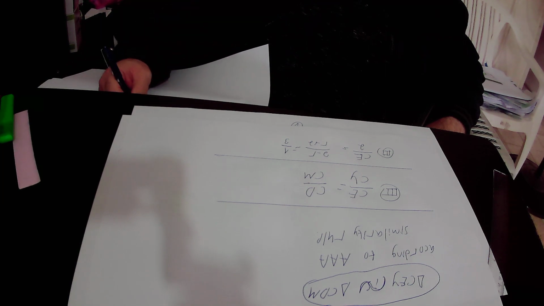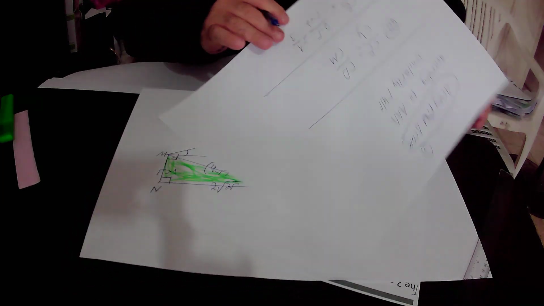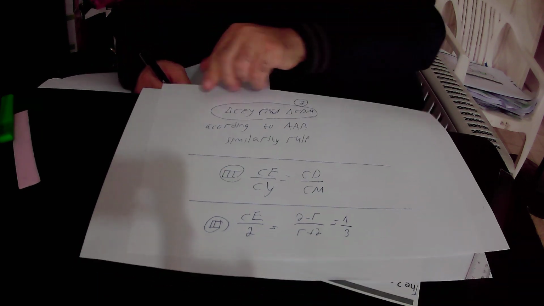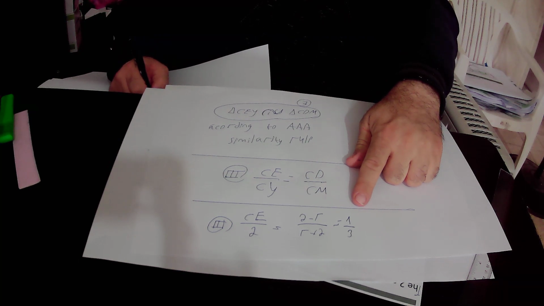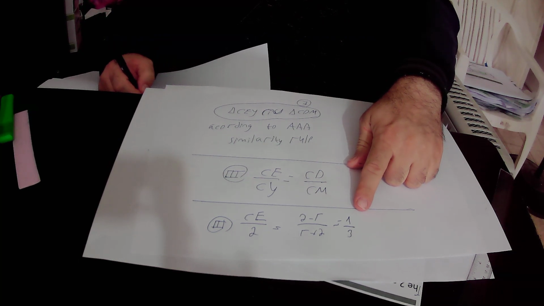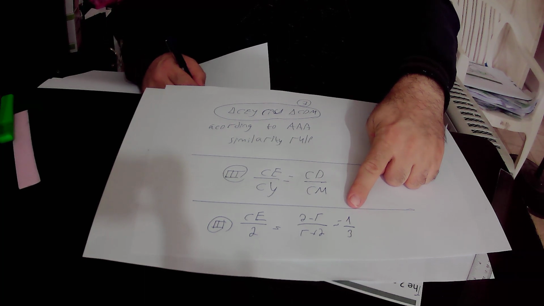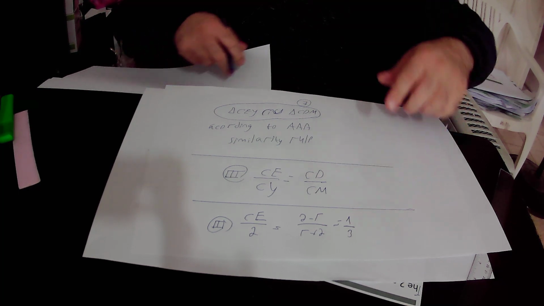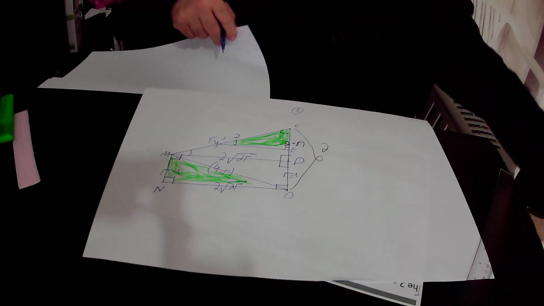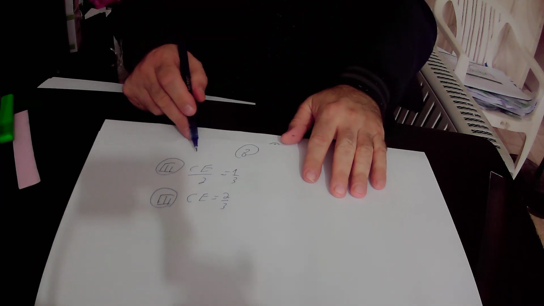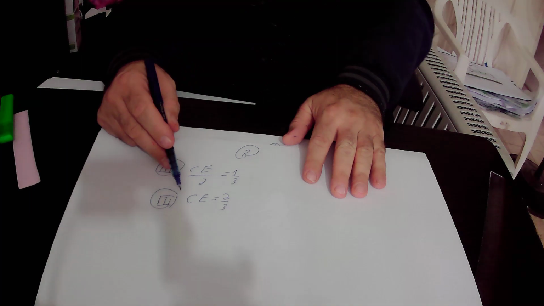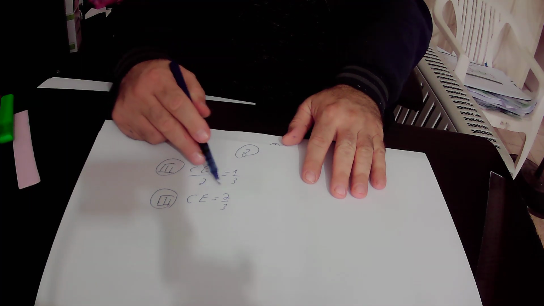Again, CE over 2 equals 1 over 3. We multiply equation number 3 by 2, and we get that CE equals 2 times 1 over 3, which is 2/3.